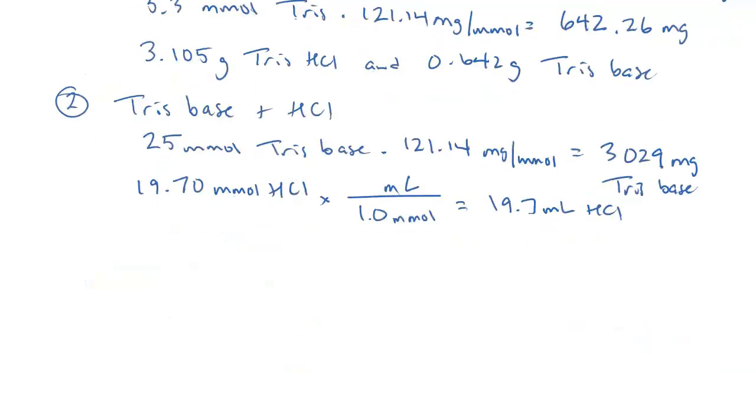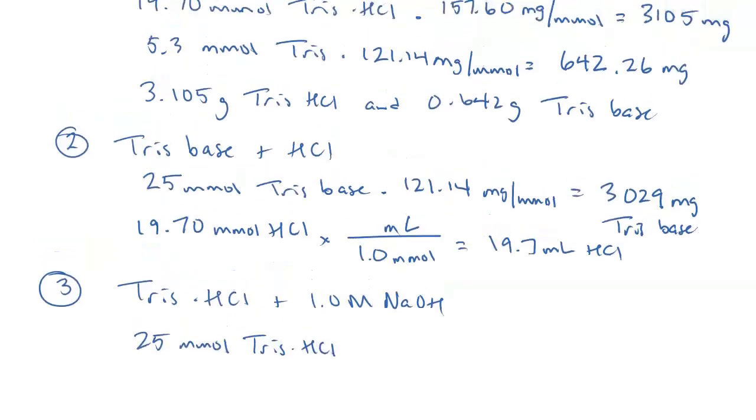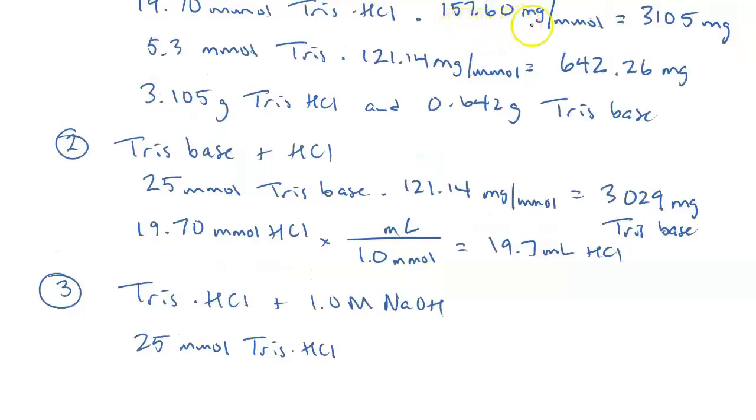So the third way, we're going to use the conjugate acid form and the 1.0 molar sodium hydroxide. So in this case, you need 25 millimoles of tris HCl, and just paging up a bit, that was 157.6.